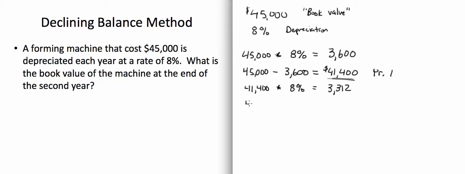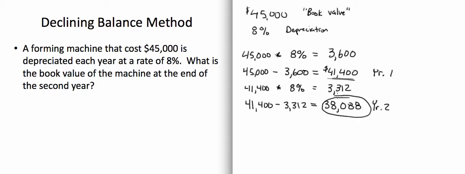So we then take 41,400 and minus $3,312 from that, and that's going to give us an answer of 38,088. So this is the value for year two.